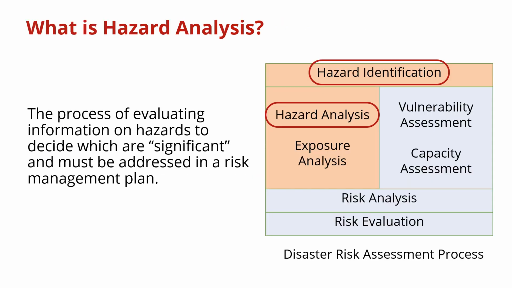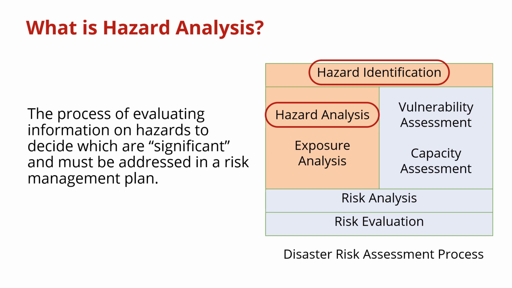So in the disaster risk assessment process, we need to start with hazard identification and hazard analysis. So what is hazard identification? This is really understanding what sort of natural hazards or man-made hazards the community is facing. After you have that information, then you can dig down into the hazard analysis.